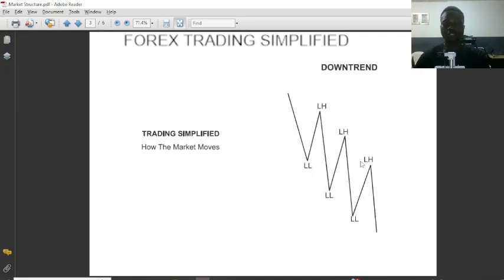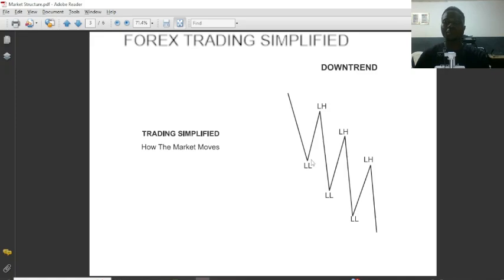Then during the downtrend markets, when the market is selling, the market moves in a series of lower low, lower high, lower low, lower high, lower low, lower high. Now, this actually means that when the market begins to sell downward, the market will not just be selling downward in a straight line.